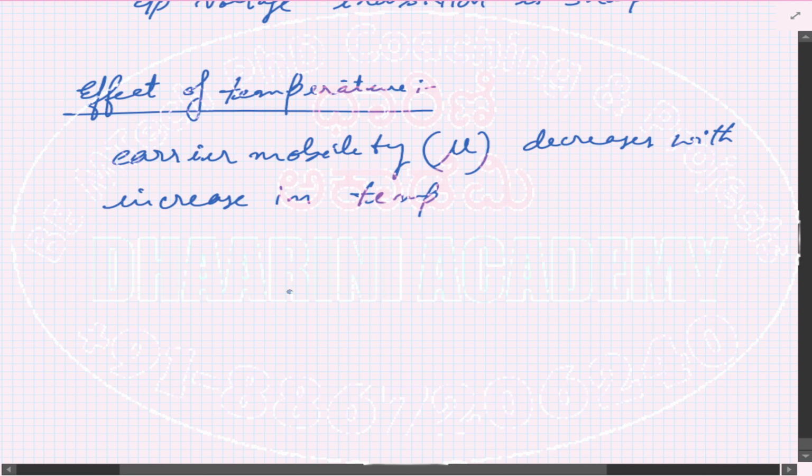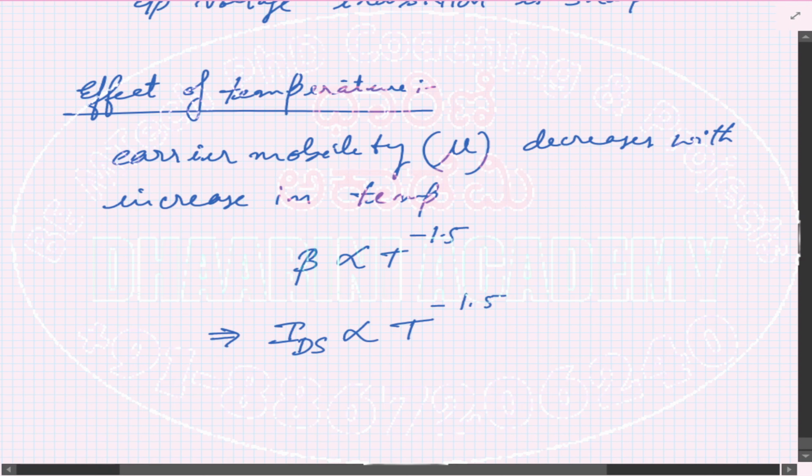This means the decrease in beta is directly related, so beta is proportional to temperature to the power minus 1.5, and beta is directly related to IDS, the drain to source current. Therefore IDS is proportional to the temperature raised to the power minus 1.5.